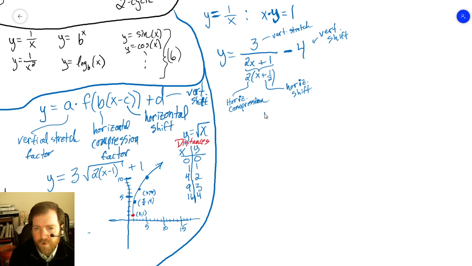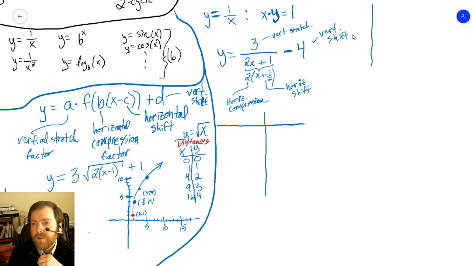So what does that mean for us? Well, we're going to make something that's slightly off-centered. Our original y equals 1 over x function has its origin point still at 0, 0.